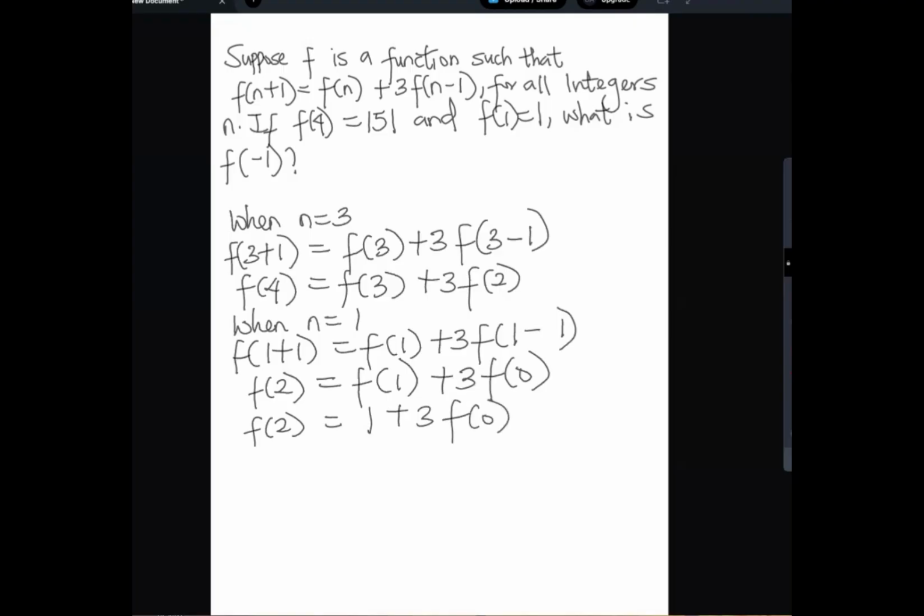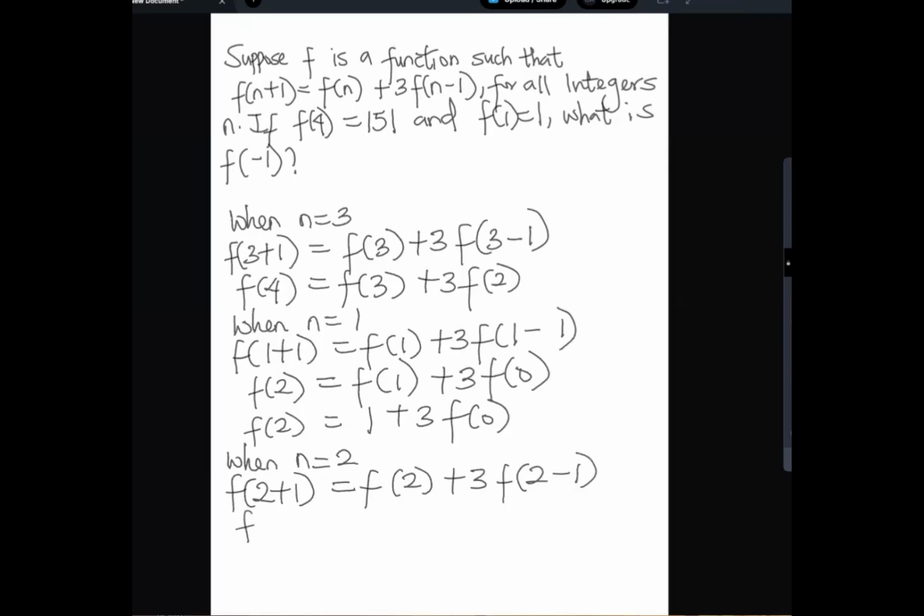Now the next thing we are going to look at is when n is equal to 2. How does the function behave? We have f of 2 plus 1, which is equal to f of 2 plus 3 f of 2 minus 1.